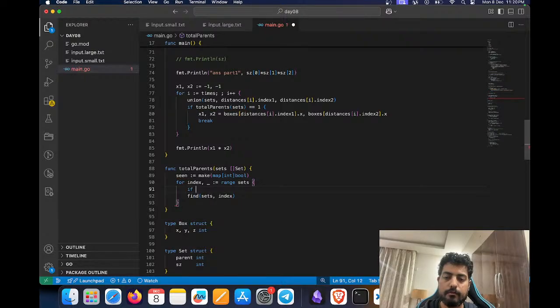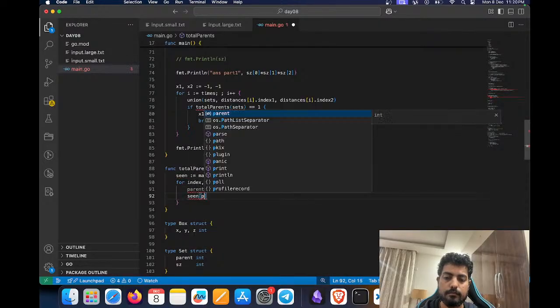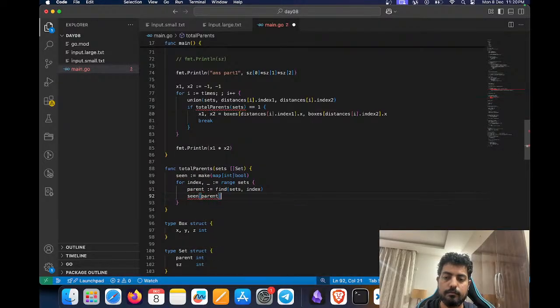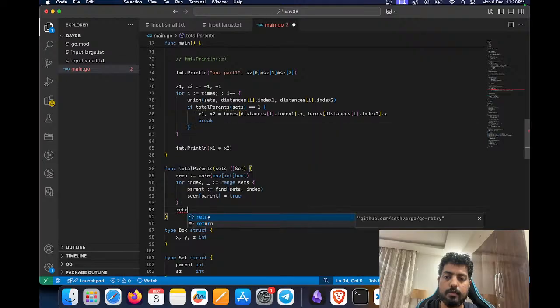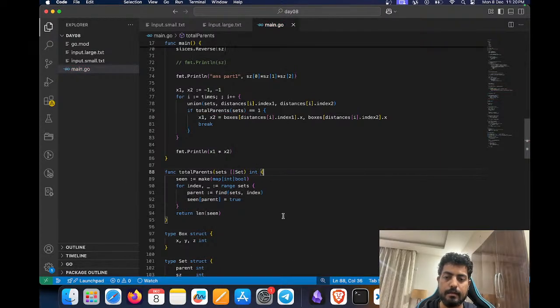So if seen parent is equal to true, and then we have to return the length of seen, which is the length of the map, the number of keys we have in the map.